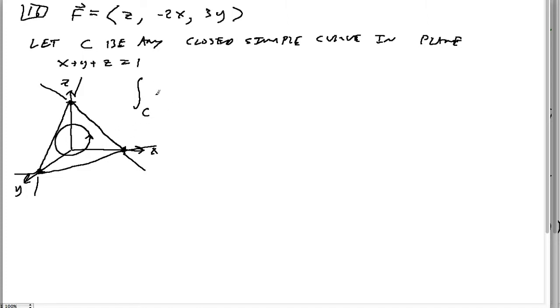All right, so we know then that if I want to calculate any C in here, we have this work integral we've got to compute, dr. So what is the goal of the problem?